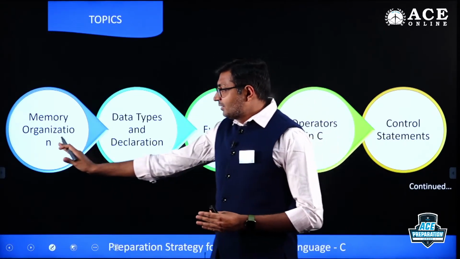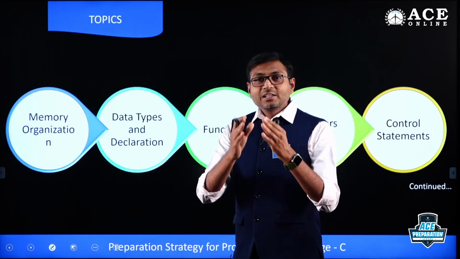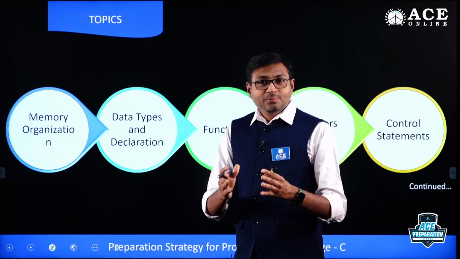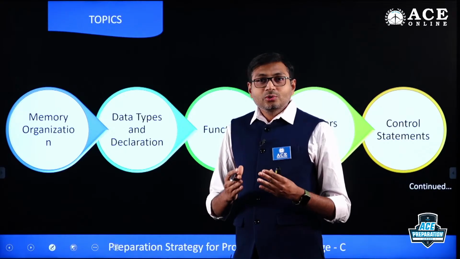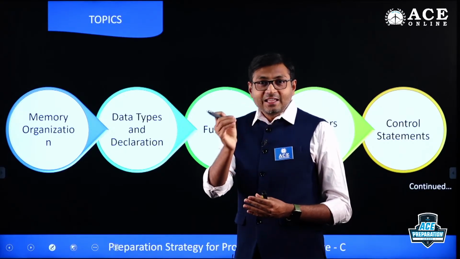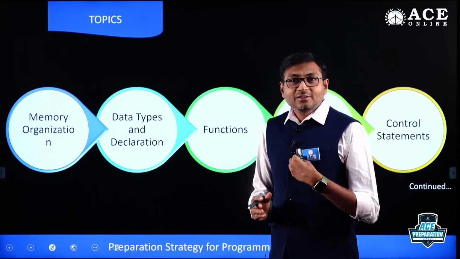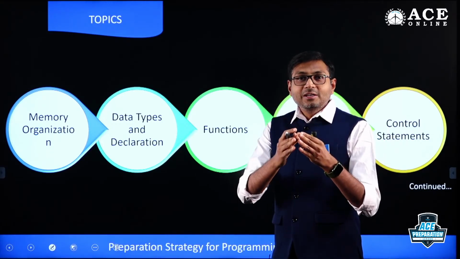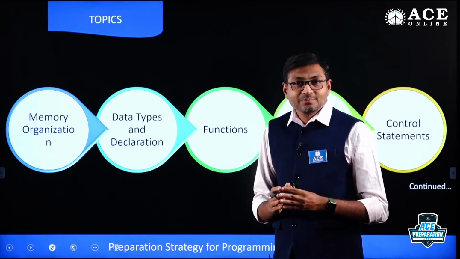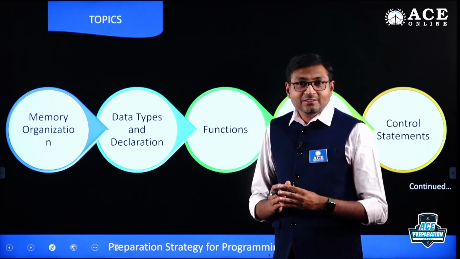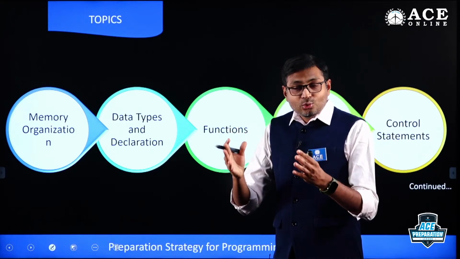Now what it means: ultimately the operating system is going to execute your program, right? So as a programmer, first you should know that if you write a statement int A, how the memory is going to be allocated by the operating system, when it is going to be allocated, when it is going to be destroyed, what the scope of that memory is.